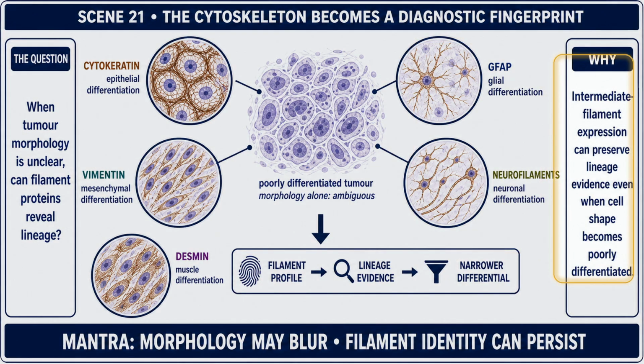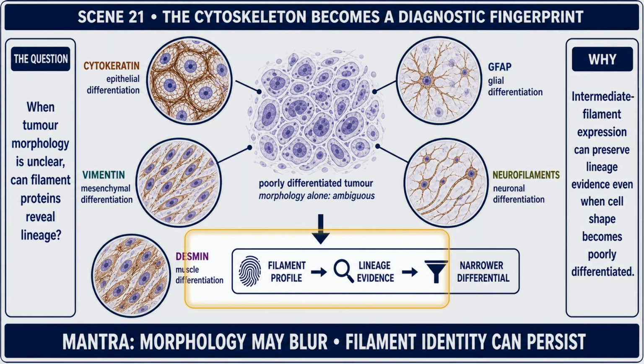The important word is support. These stains are not perfect identity cards. Expression can overlap, tumors may lose expected markers, and some tumors express proteins that seem unusual for their apparent lineage. But a filament profile can still narrow an otherwise wide differential.